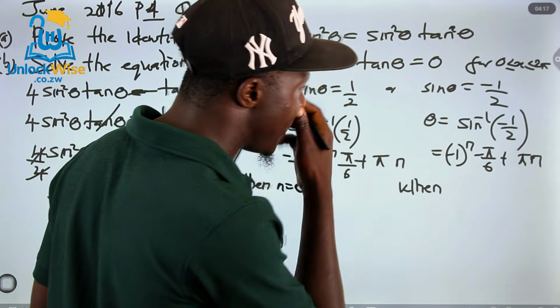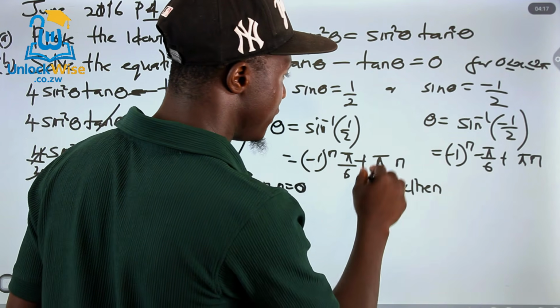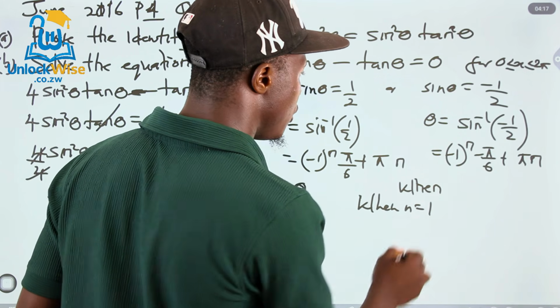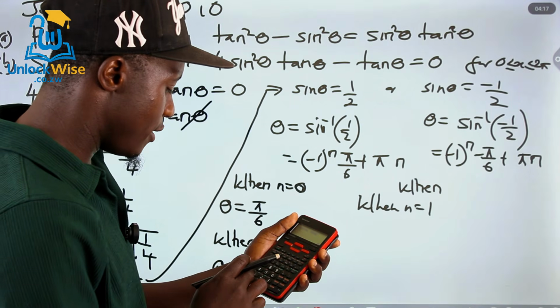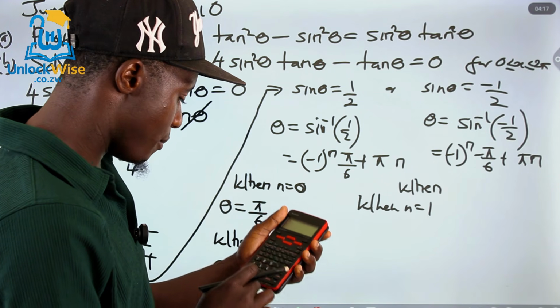So we start by saying when n is equal to 1, we get pi plus pi upon 6.